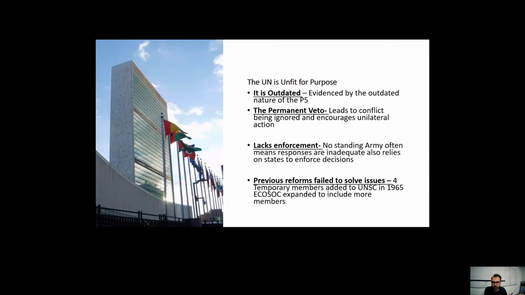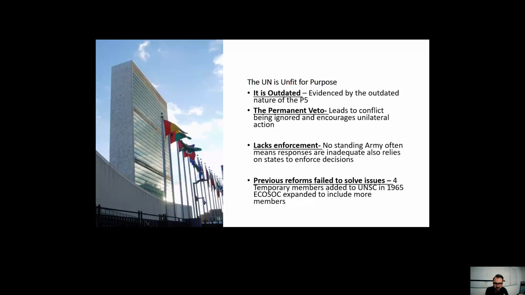It added 4 temporary members to the 10 that we know now to give greater representation, particularly to states such as Africa. In the 70s as well, we saw an increase in the ECOSOC membership to now include representatives from 54 member states. But ultimately, because of the problems of the P5, it's failed to kind of readdress that imbalance.